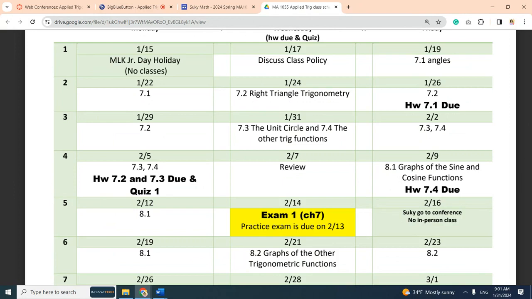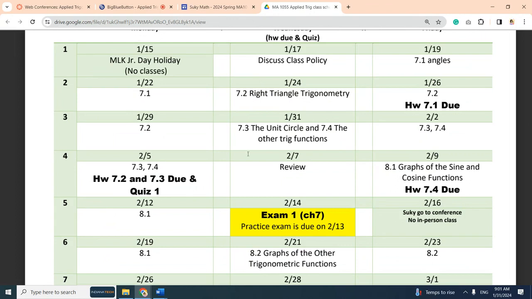Have you printed out the 7.3 worksheets? Good. Our second homework on 7.2 and 7.3 is due next Monday, and we also have quiz 1.